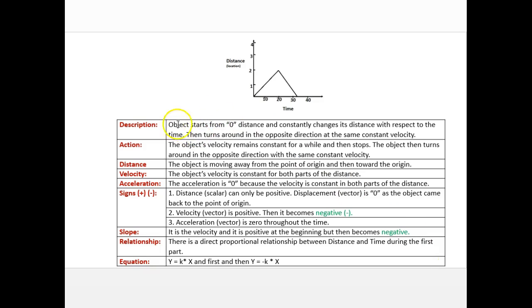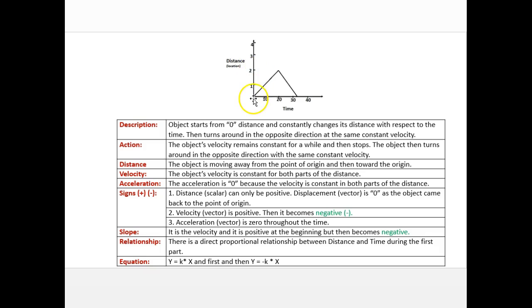All right. For this one, the object starts with constant change in distance with respect to the time, which creates constant velocity, and then it turns around. Here's where we're beginning to introduce the negative. Right? Remember, this is the distance.